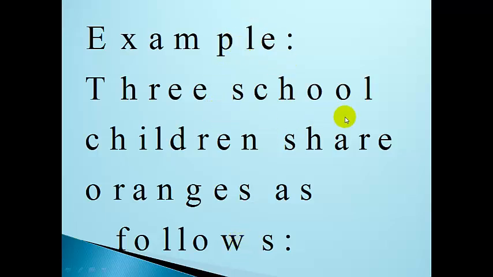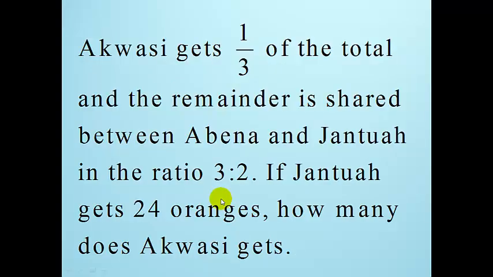Example: 3 school children share oranges as follows. Akwasi gets 1/3 of the total, and the remainder is shared between Abena and Jantua in the ratio 3:2.